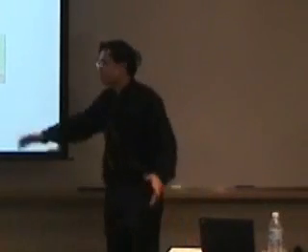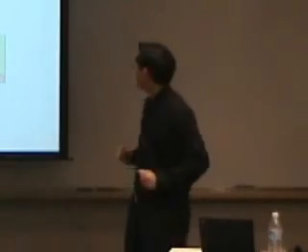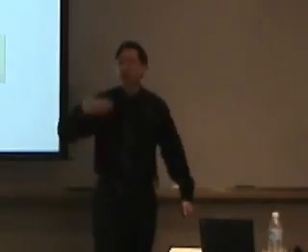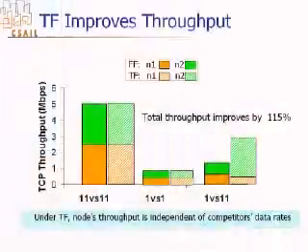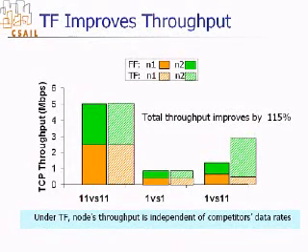So it improves aggregate throughput. Another way to look at it is that the 1 megabit per second guy is going to lose about 35, 38% of the achieved throughput, but the faster guy gains about 240%. As a result, the aggregate throughput improves.